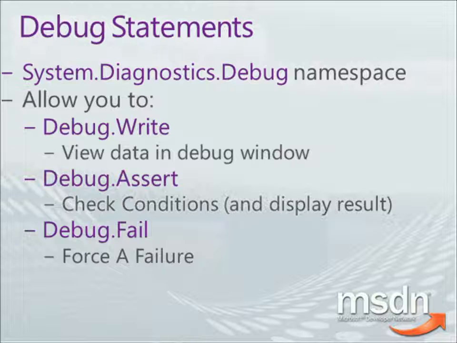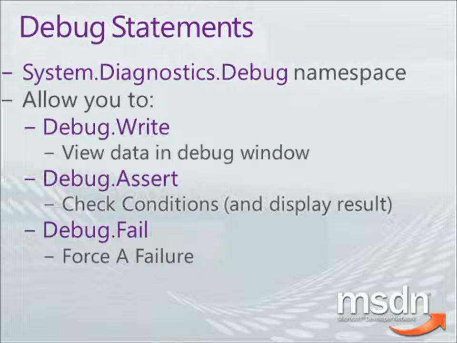A couple other debug statements that are important to us are ones around the ability to actually force the application to deal with an issue. So remember our division by zero error that we had earlier. Well, it turns out we have multiple ways of checking that, but in some cases you want to be able to handle this through the debugging system, and you need to let the debugging system know that this error is about to occur and that you're preventing it from occurring through this assertion mechanism.